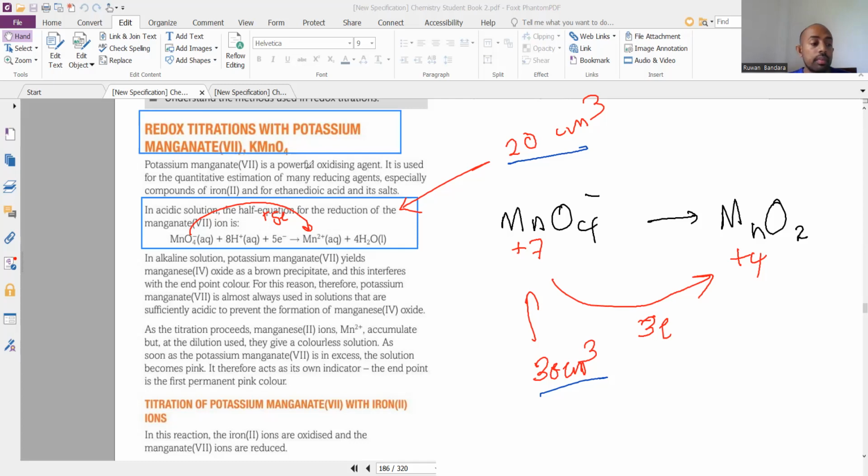And therefore it requires a greater volume for the reaction to take place completely.